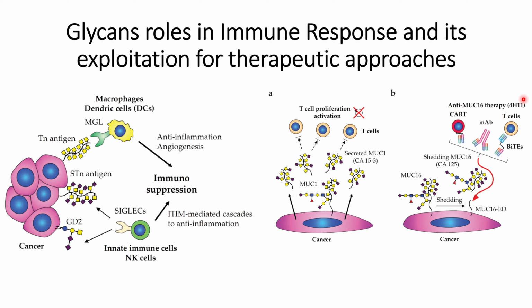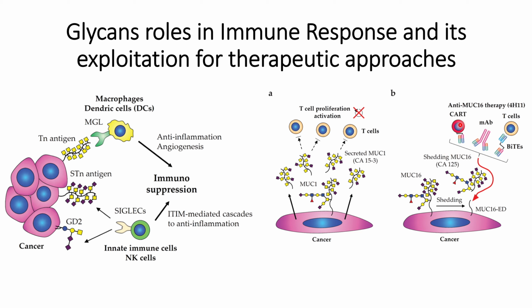First is the anti-MUC16 therapy. Anti-MUC16 therapies can be used with different approaches, and three approaches are shown here: CAR T cells, monoclonal antibodies, and T cell engagers (BiTEs).